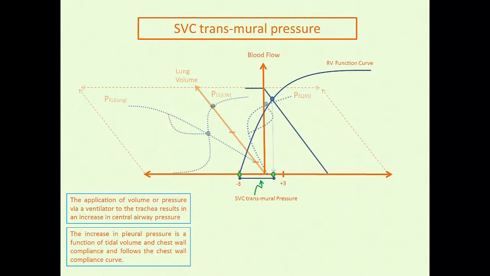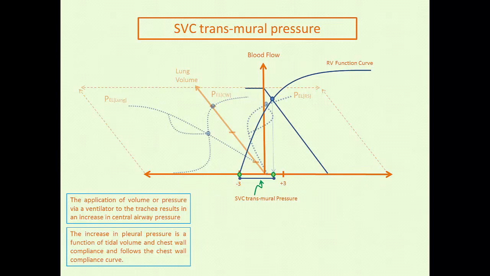Doing the same breath now with the superimposed Guyton analysis. This here represents the superior vena cava transmural pressure. Okay, it's the intrathoracic pressure or the pleural pressure relative to the CVP. This is that transmural pressure we saw on the x-axis just a couple of slides ago.